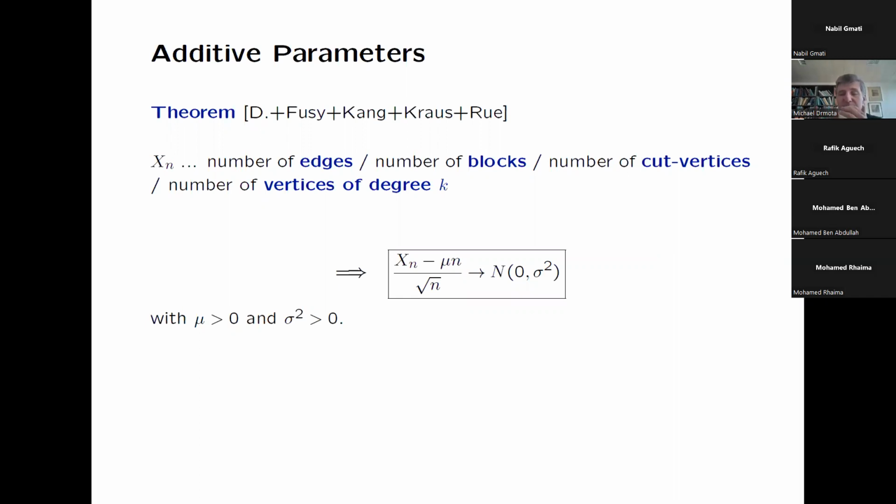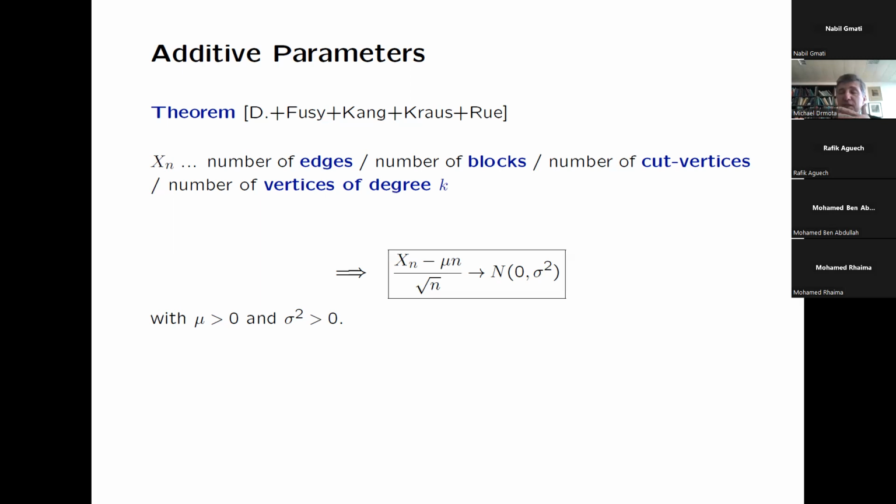So this is just a counting thing. The probability that a property occurs is just the number of graphs with this property divided by the total number of graphs. So we have a very natural probabilistic model.